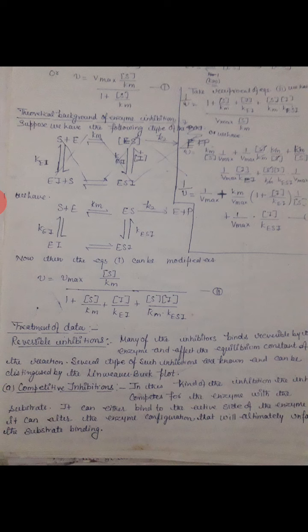Now we are going to discuss the various types of inhibition. Competitive inhibition, as the name suggests, means that the inhibitor is in competition with the substrate to interact with the enzyme. Either it has the tendency to bind with the active site, or in a general sense it is in competition with the substrate to bind with the enzyme.